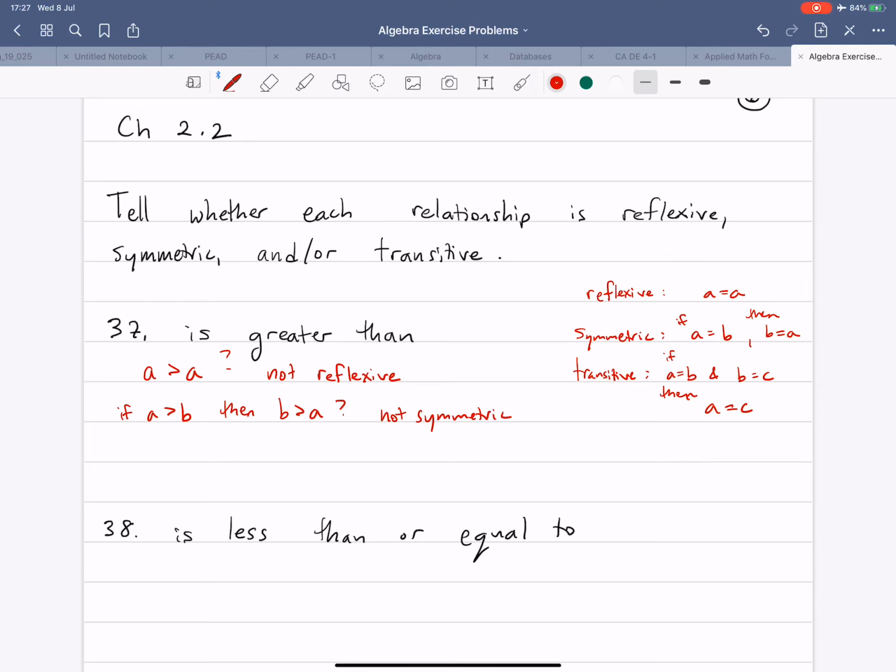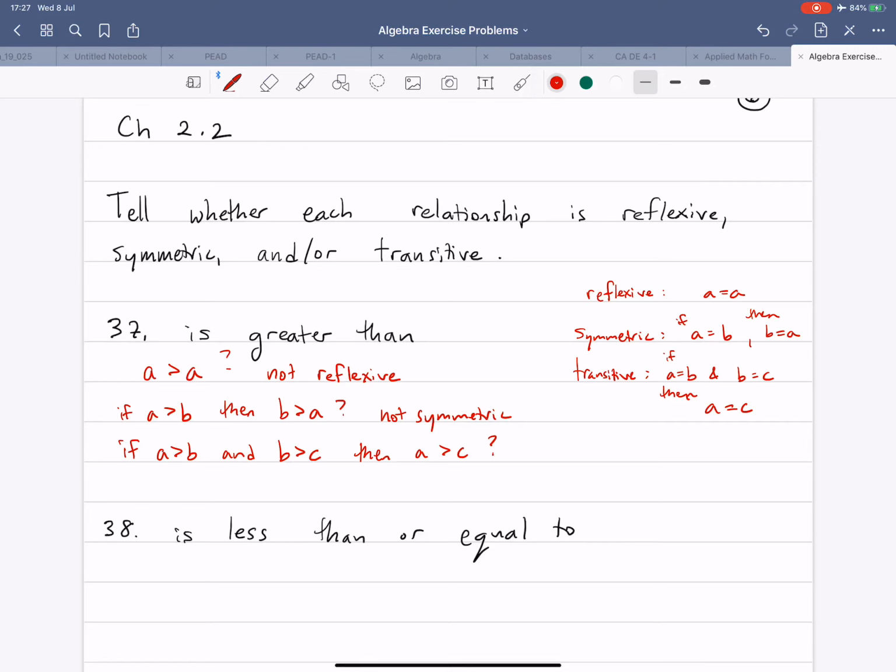All right, finally for transitive, we're asking if A is greater than B and B is greater than C, then is A greater than C?